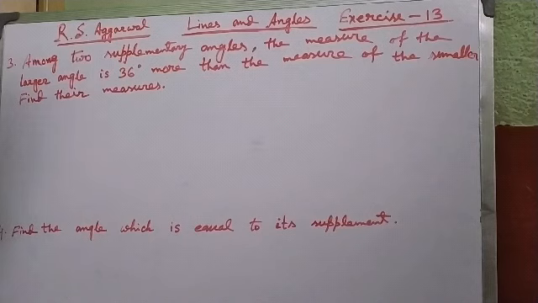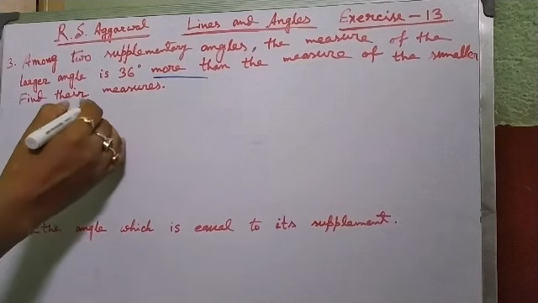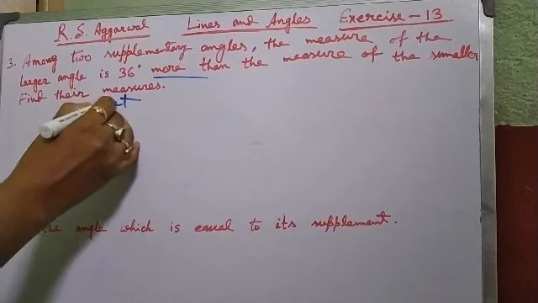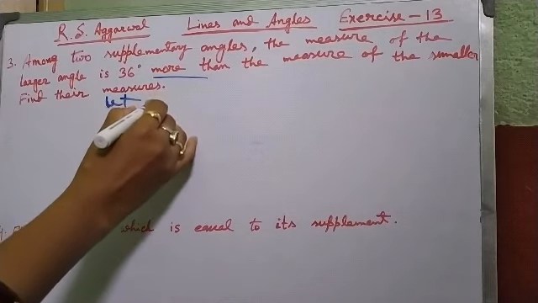Among two supplementary angles, the measure of the larger angle is 36 degrees more than the measure of the smaller one. Find their measures. Here two angles are supplementary, and the larger angle is 36 more than the smaller one. So at first we have to take two angles.